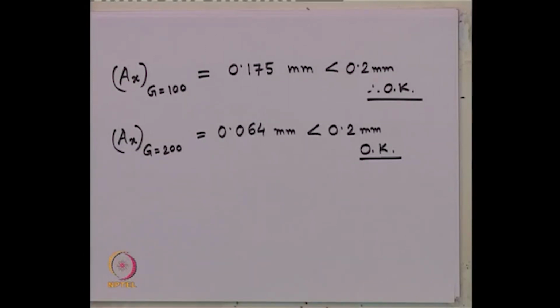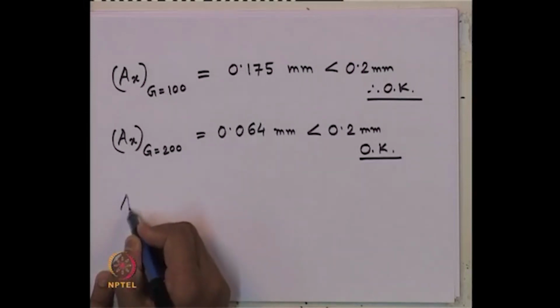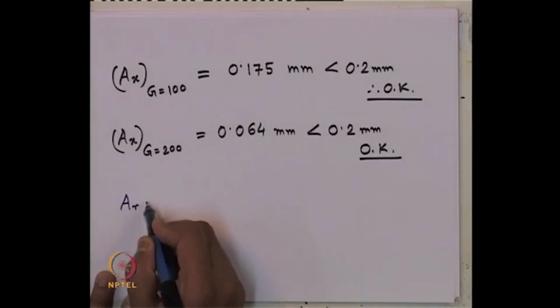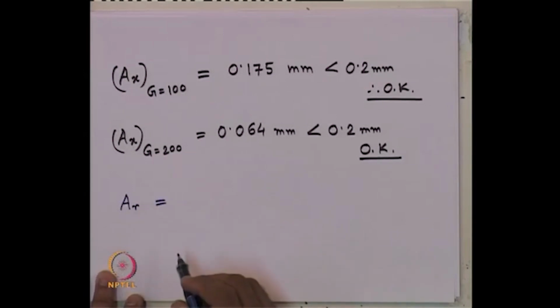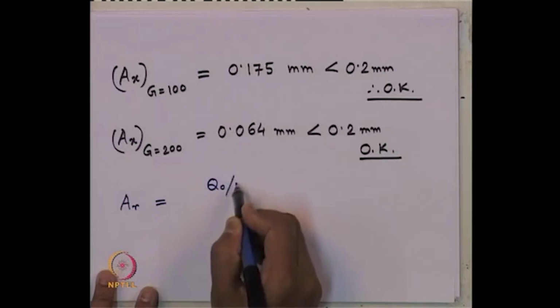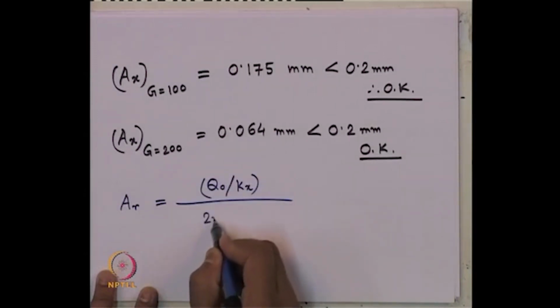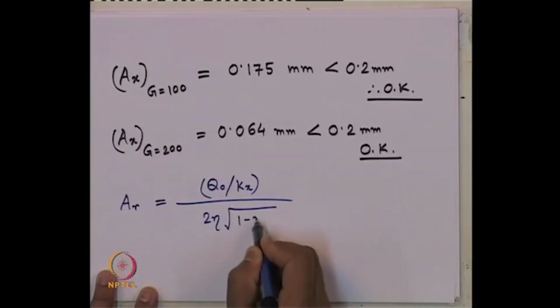Now, the next step is to compute the displacement amplitude at resonance condition. So, the displacement amplitude AR at resonance condition. What is the expression? We know this: Q naught by Kx by 2 eta root over 1 minus eta square.